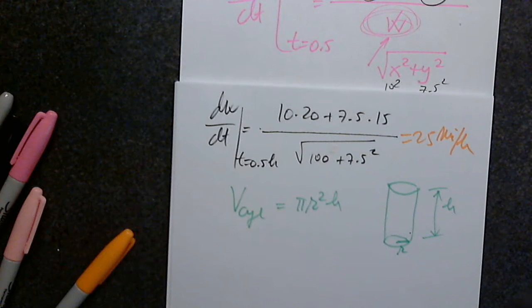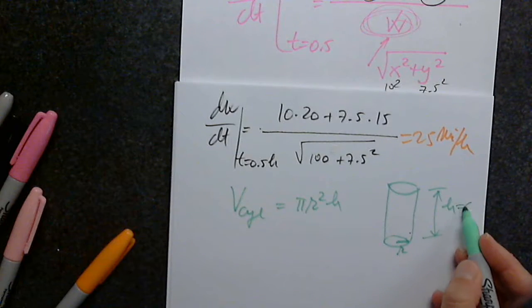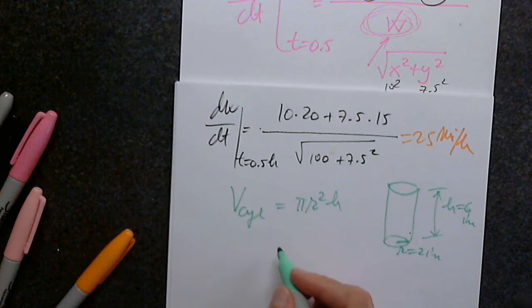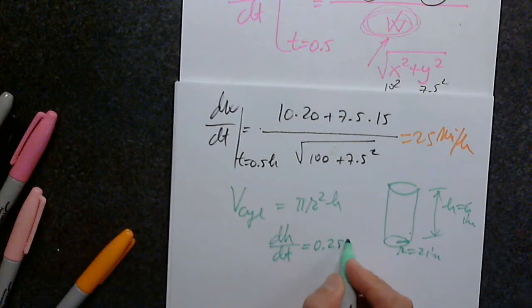So the cylindrical glass or can, whatever that is, it doesn't really matter. So the height is 6 and has a radius of 2 inches. Knowing that the depth of the soda decreases at a constant rate of this. So the dh over dt is given to us, 0.25 inches per second.